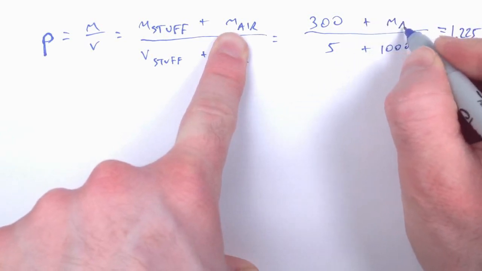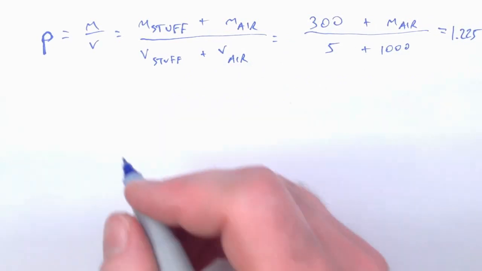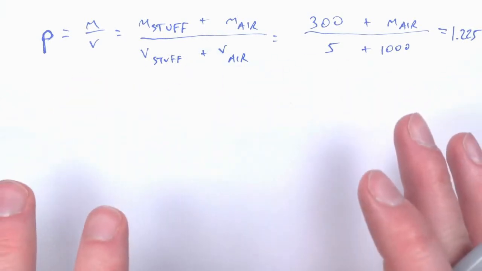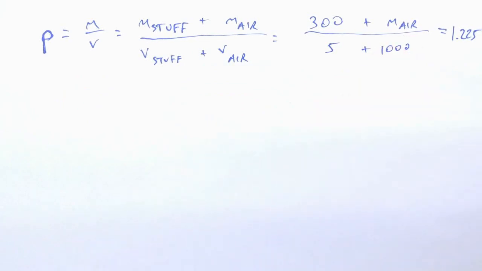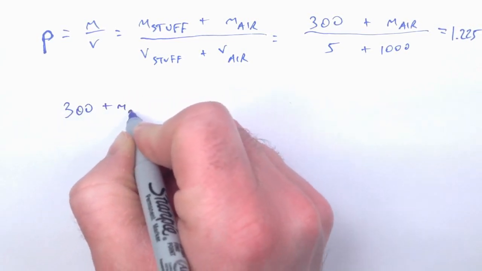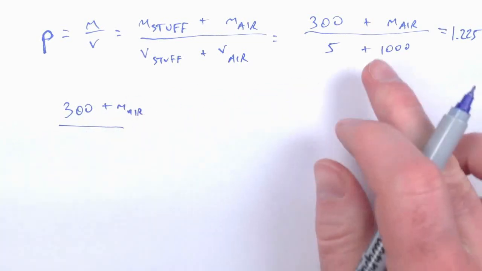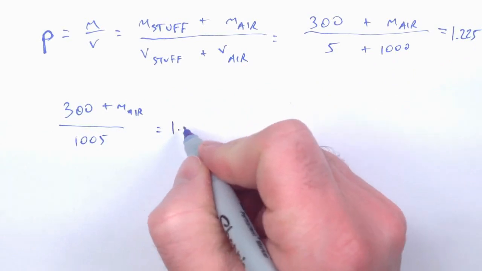So what is the acceptable mass of air that we can actually have in there? So here's the math on that. Actually, why don't you pause the video now, solve for that, and then resume when you're done. All right, so let's go ahead and find the mass of the air in there. That's going to be 300 plus the mass of that air over 1,005 equals 1.225.